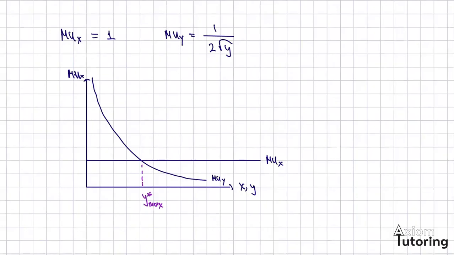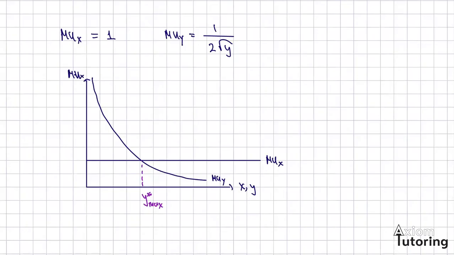For example, if you don't have enough money to purchase y max, what should you do with your money? Well, spend it all on y. What if you have abundant money so you can purchase more than y max? Well, you should purchase y max and then spend the rest of the money on x. So this gives us a very good way to visualize this.